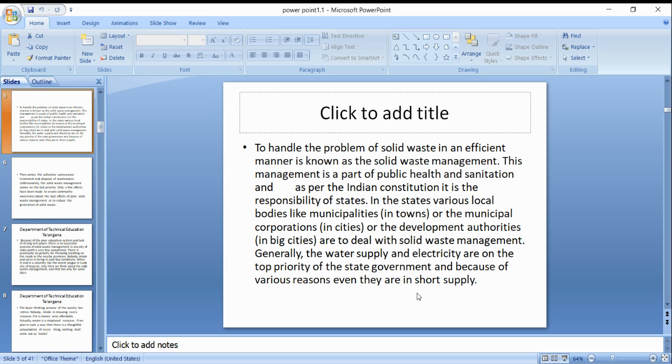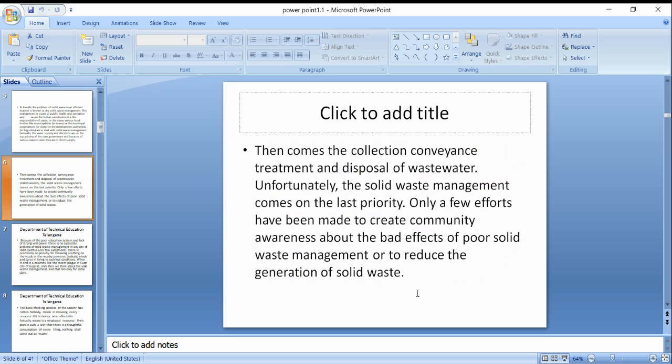Equally nowadays, waste management is becoming important, because it is also creating environmental pollution. Then comes how we have to collect the waste, how we have to treat it, and how we have to dispose of it.